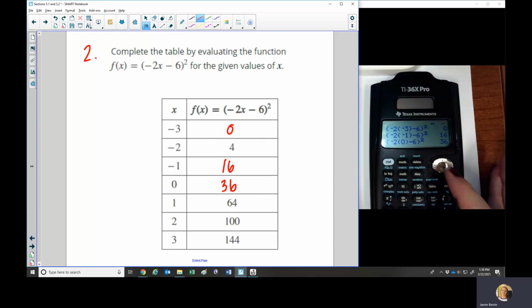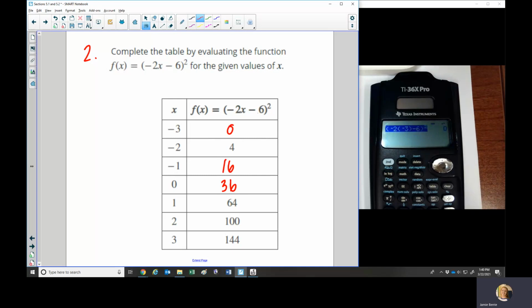So if you have one of these multi-line calculators like I do, let me show you what you could have done instead. Let me go down here and clear everything. Let's say that I just typed this first piece in. All right, so that was the first thing I did. Instead of retyping all this, let me show you what you can do. You just use this up arrow right here.